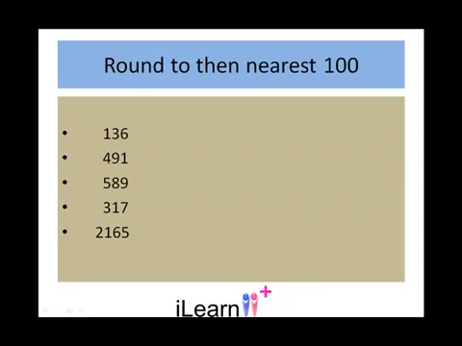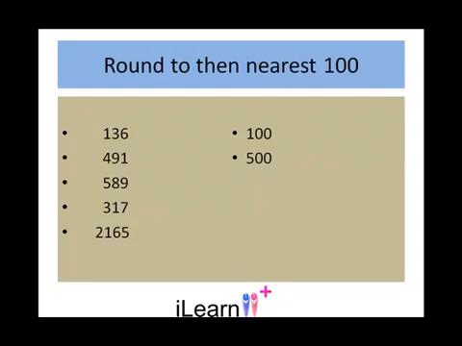Round to the nearest 100. 136 to the nearest 100 is 100. 491. Round to the nearest 100. 500. 589.